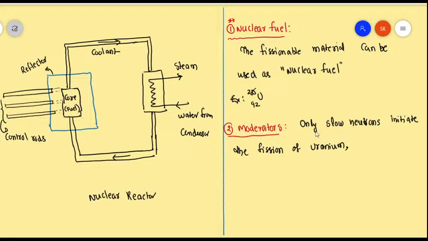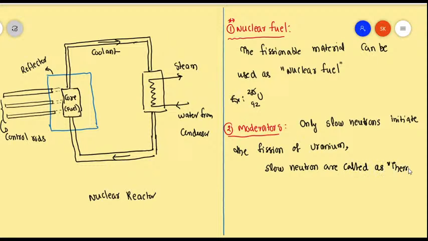For that, we have to slow down the fast moving neutrons, so we use moderators. Slow neutrons, whose speed is less, are called thermal neutrons.